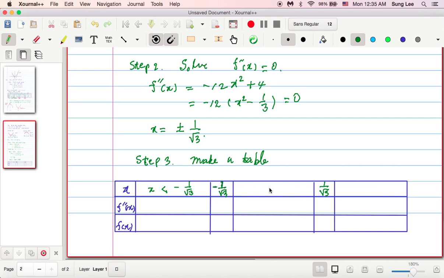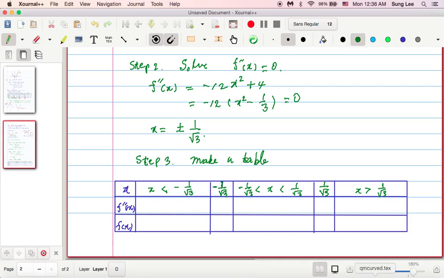And here x is greater than negative 1 over square root of 3 and less than 1 over square root of 3. And here is where x is greater than 1 over square root of 3. Okay, right. So now we are going to study the sign of f double prime of x.